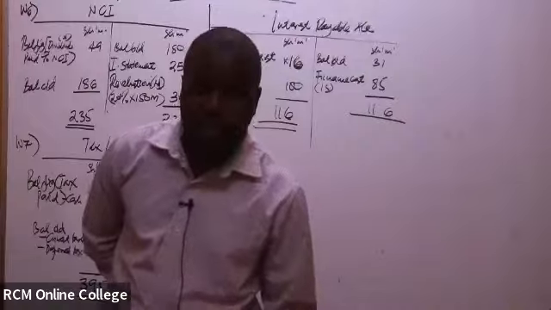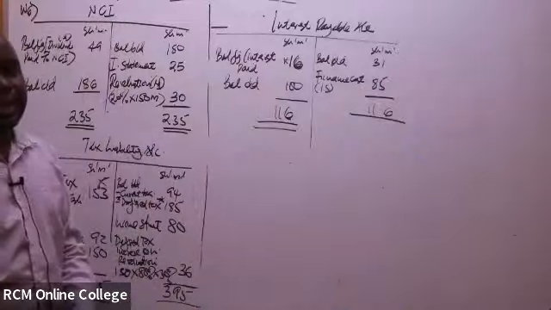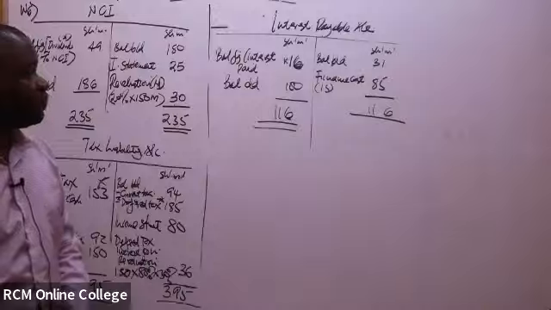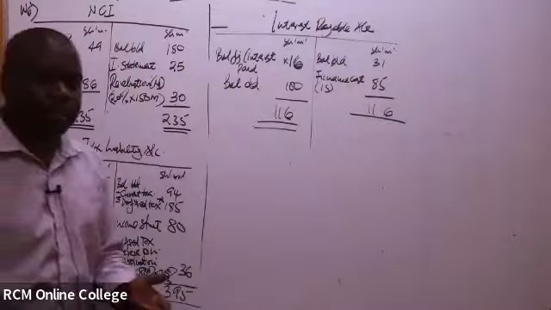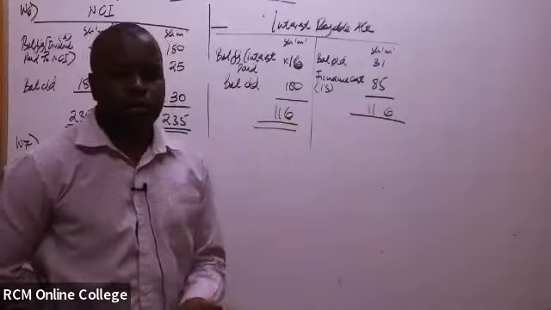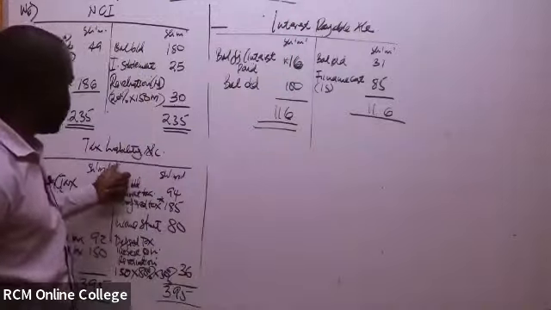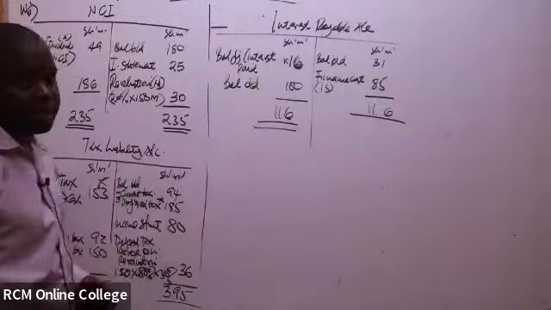Ideally, any items that would have affected the retained earnings, we have already made adjustments on them. It could be depreciation, gain on disposal, loss on disposal, finance costs, the income tax, the tax expense. You already made adjustments on them.